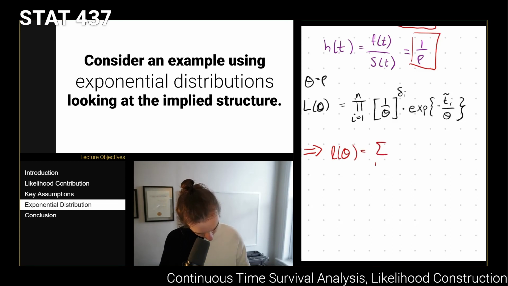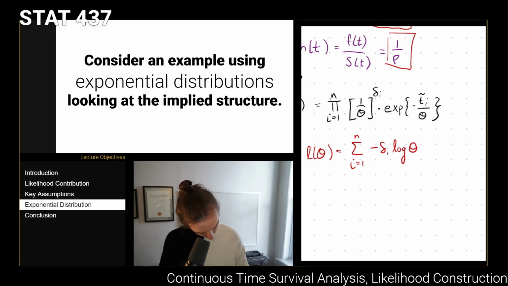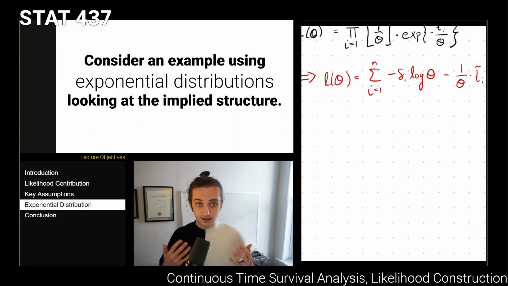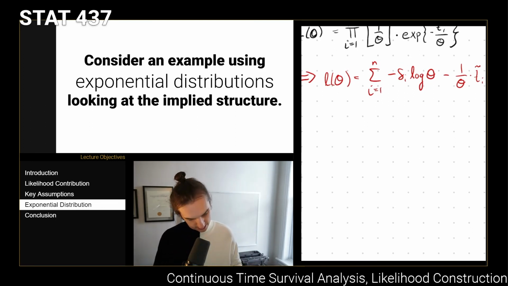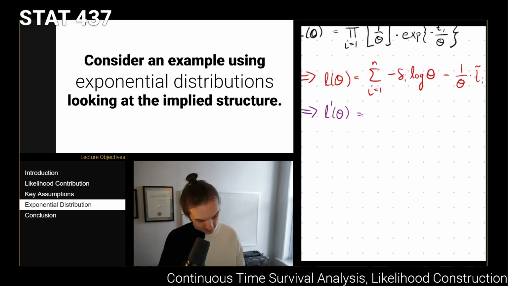That's going to be the sum, i equals 1 to n, of negative delta i log of theta minus 1 over theta times t i. If we then want to differentiate this with respect to theta, L prime of theta is equal to, well, first note that the log theta could come out front, so we would have negative log theta.